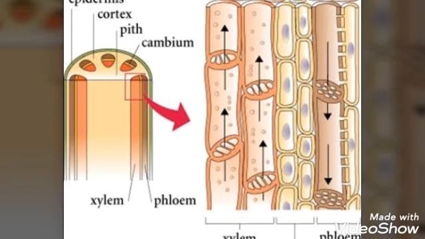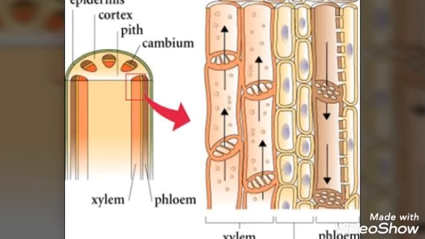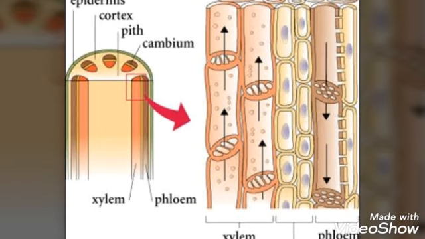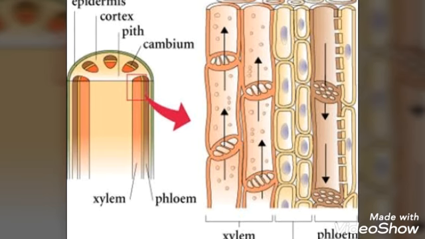But at night, when there is no light and no transpiration taking place, the upward movement of water may not take place. In small plants like grasses, there is another physiological process through which water moves up, and that is called root pressure.